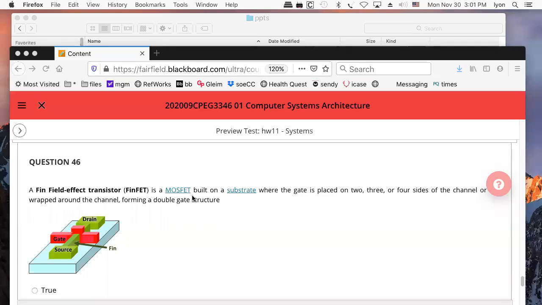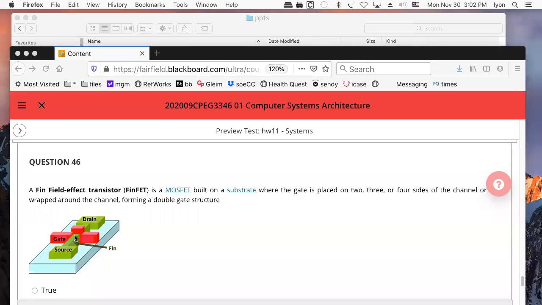The metal oxide semiconductor field effect transistor is based on a substrate where the gate is placed on 2, 3, or 4 sides of the channel or wrapped around the channel, forming a double gate structure. So this is what they're fabricating in silicon. The gate controls the amount of energy that goes from the source to the drain, just like you would pinch on a garden hose and keep the water from flowing.